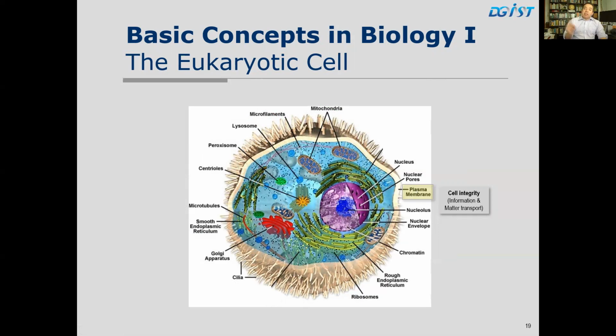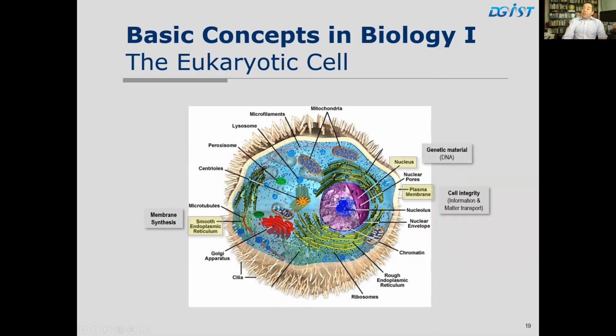And across this cell membrane, we can have information transport and matter transport. In other words, what's inside and outside the cell are generally separated, but there is, of course, some transport between them. How is this membrane made? It's made on what's called the smooth endoplasmic reticulum, an organelle inside the cell responsible for membrane synthesis.